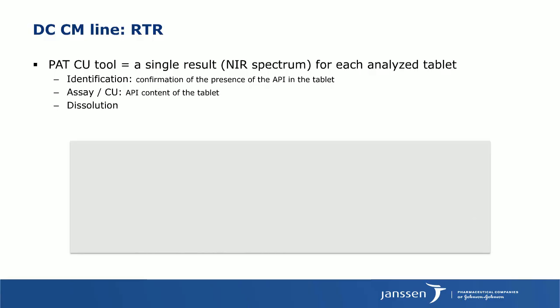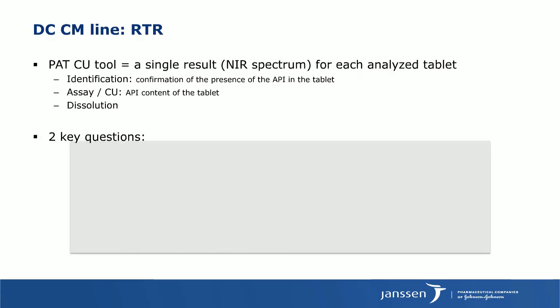If we look now at the real-time release testing, we use the PAT-CU tool. It means a single result, an NIR spectrum, for each analyzed tablet we have. So we do identification, which is just confirming that the API is present in the tablet. We do assay and content uniformity, which is just determining the API content of the tablet. And we will do dissolution via surrogate testing.